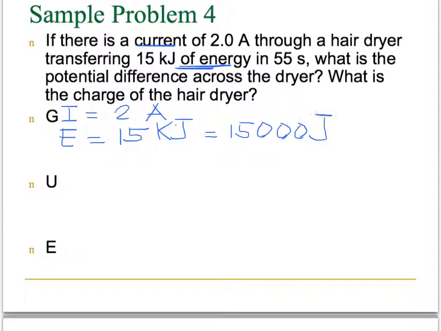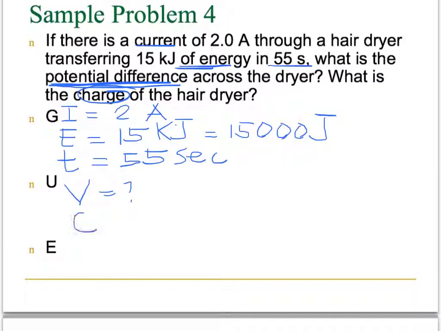So that would be our energy. We're also given 55 seconds, and we know that second is the unit of time. So therefore, we have T equals 55 seconds. Now what are we looking for? We are looking for the potential difference. Now remember, potential difference is the same as the voltage, so we are simply looking for V. And then we're also looking for the charge, so we have Q.